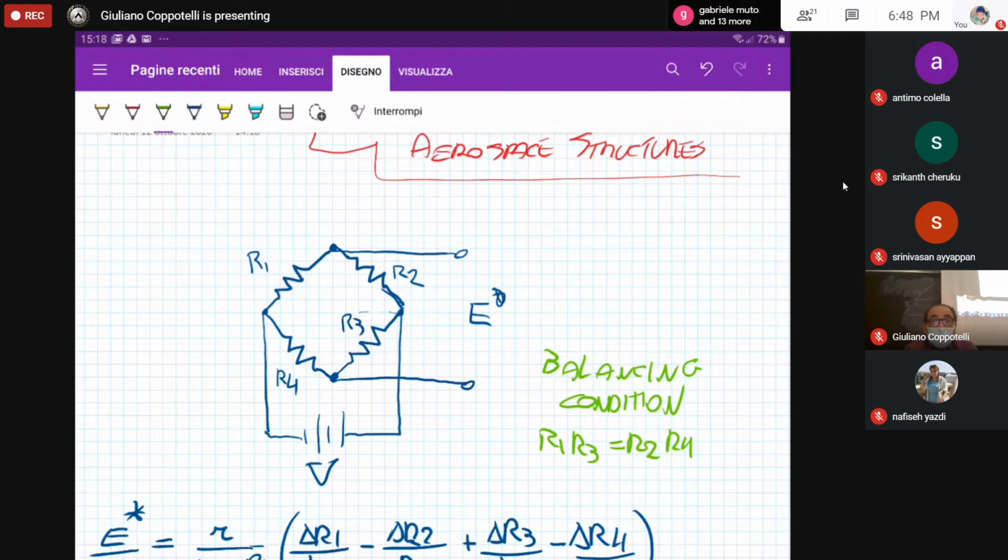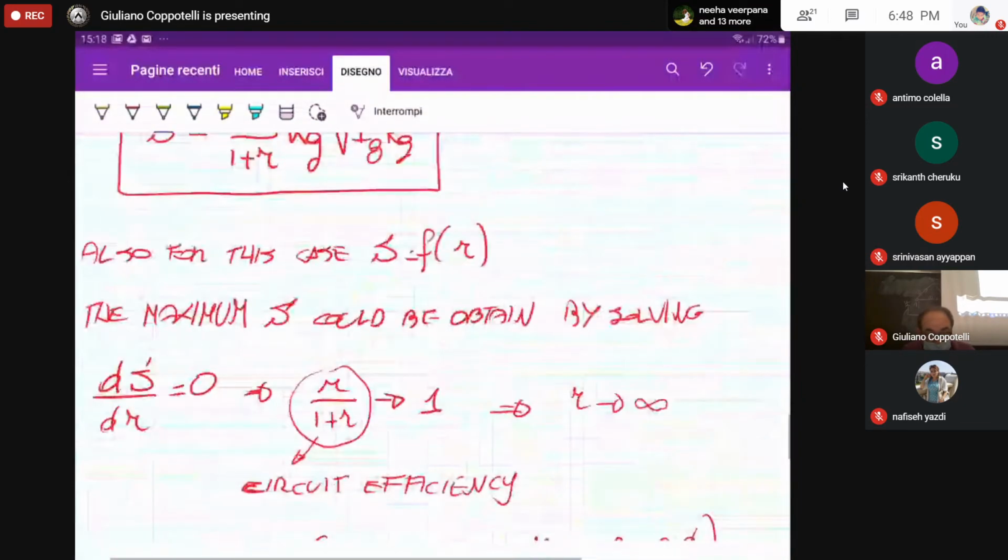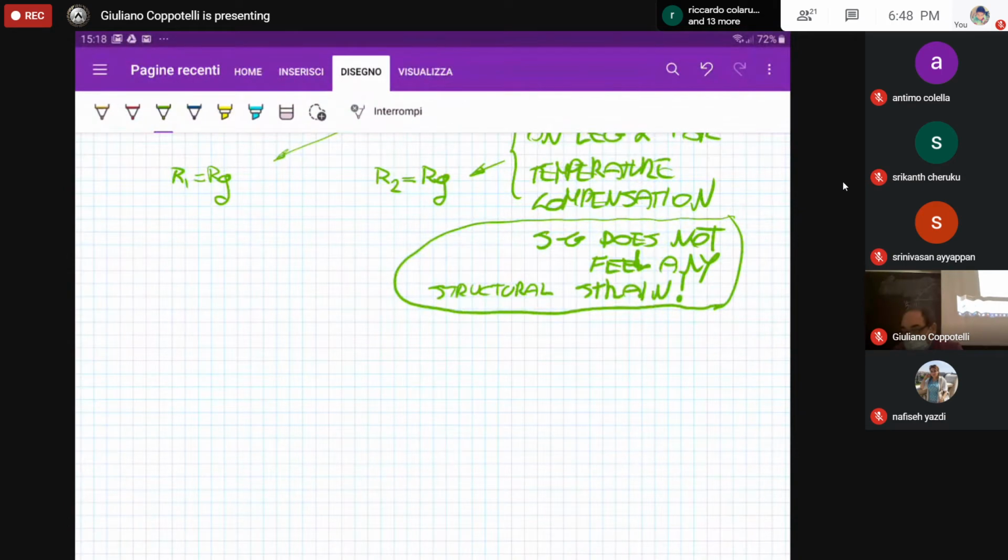So if you would like to link the input tension with the current flow in this upper part of the Wheatstone bridge, what we can say is that V, the input tension, is equal to twice the current flow that is flowing through the strain gauge times the value of Rg, just because we are having the same strain gauge in both leg 1 and leg 2.